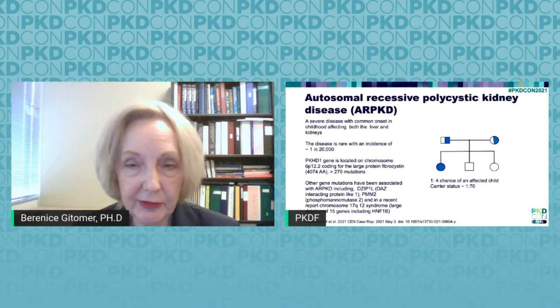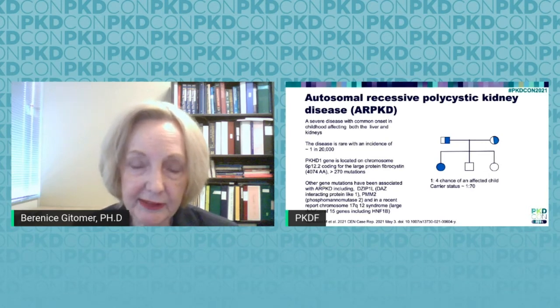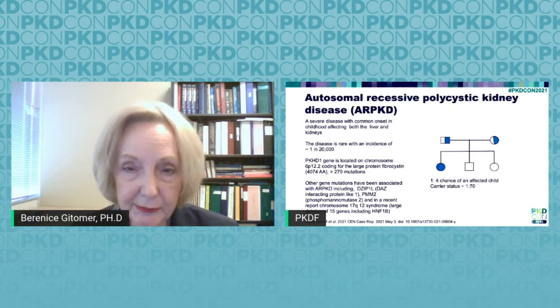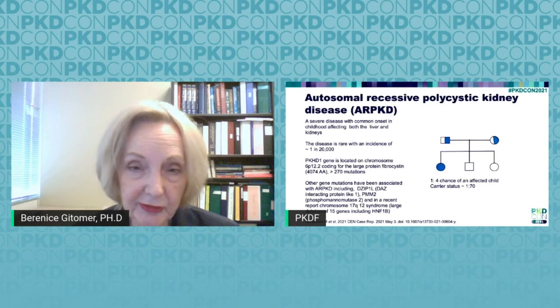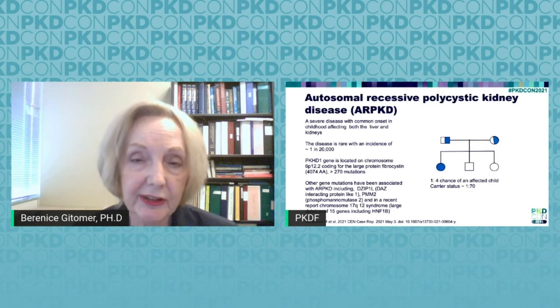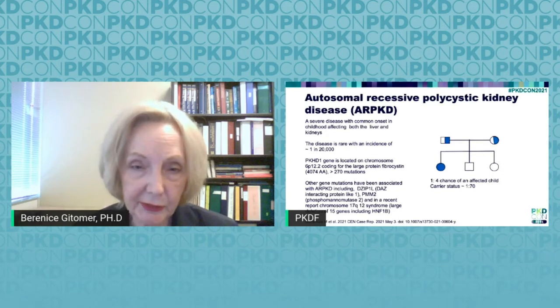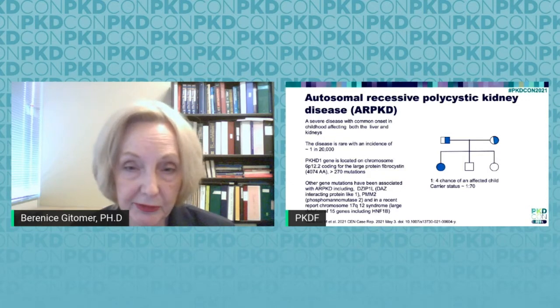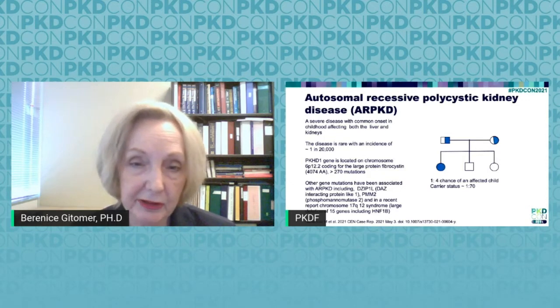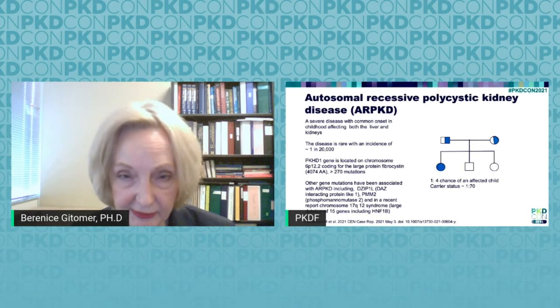So let's address, first of all, autosomal recessive polycystic kidney disease. This results from a mutation or two mutations in the PKHD1 gene. This codes for the fibrocystin protein, which is a very large protein with somewhat over 4,000 amino acids.